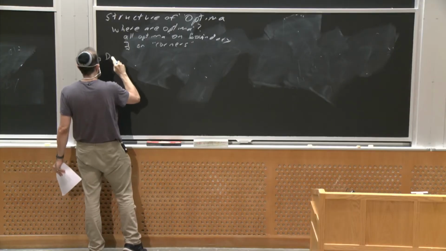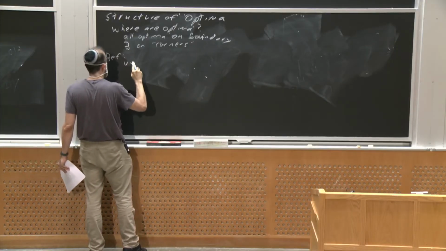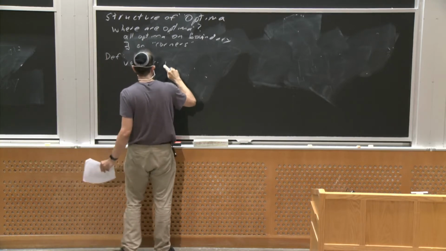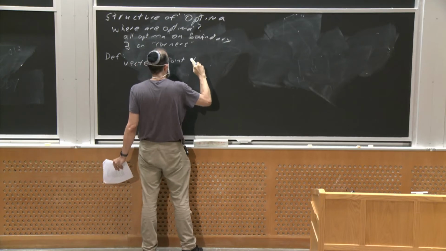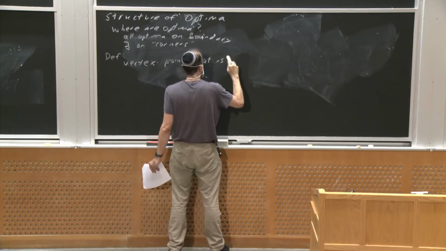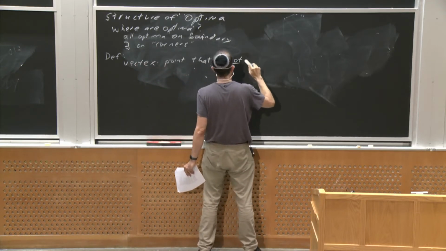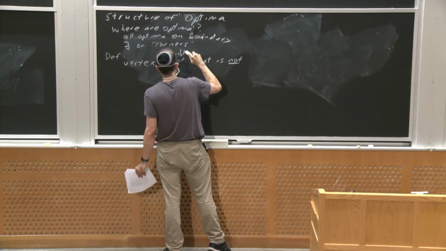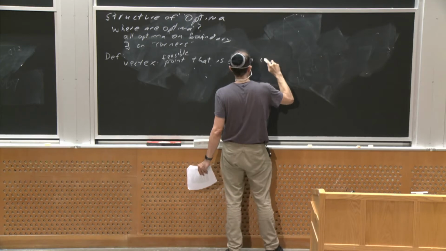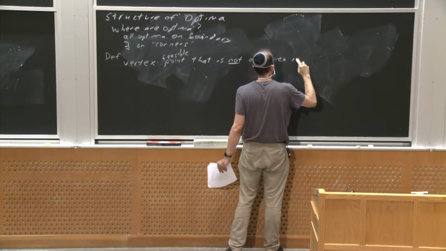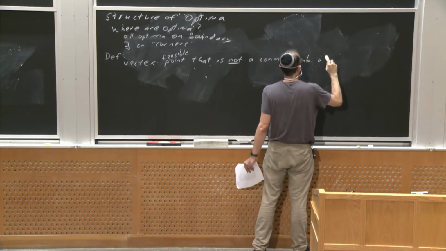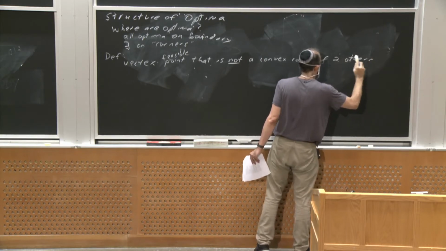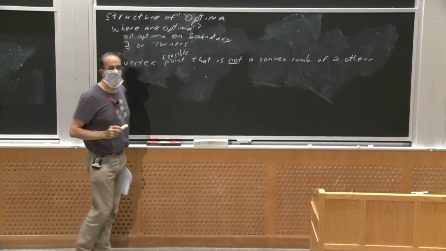So now some definitions. A vertex is a feasible point that is not a convex combination of 2 others. Okay.